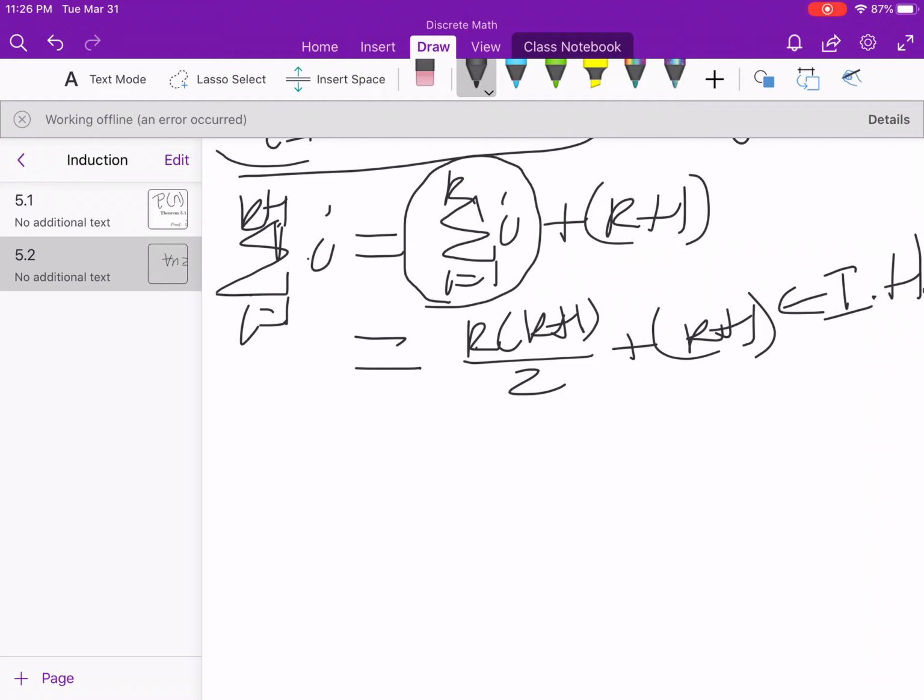Notice that I know that this sum here is actually equal to K times K plus 1 over 2. How do I know that? Well, I supposed it was true at the beginning. So it's a consequence of my supposition. Now it's just going to be a lot of algebra.